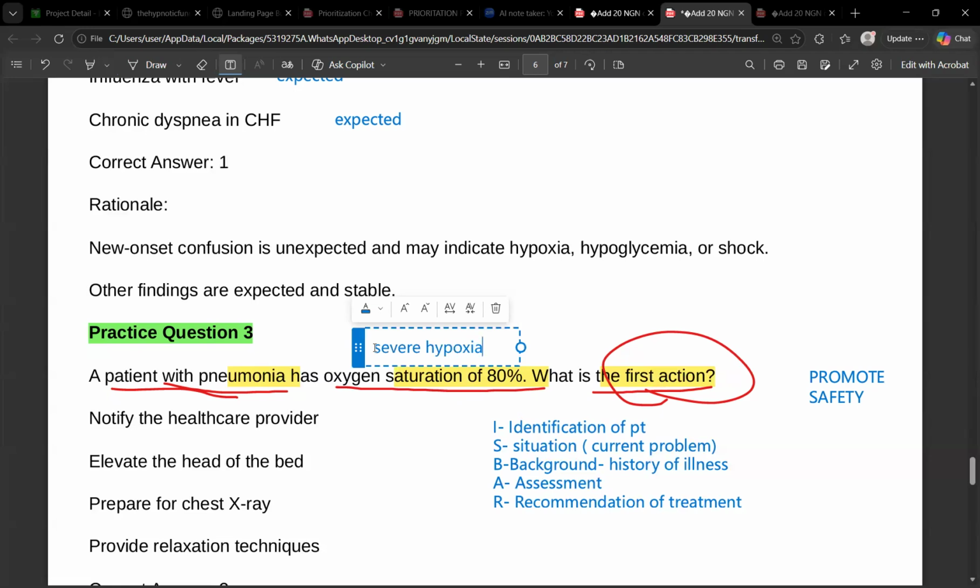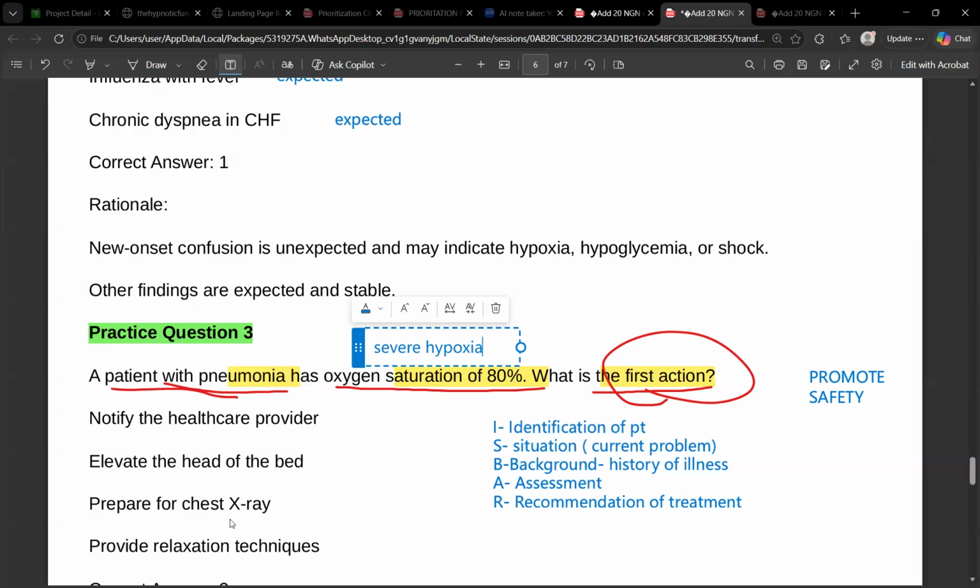Actually the first management is oxygen only, but there is no option for oxygen, so we can select an alternative for that. And the last one, provide a relaxation technique. Is it needed to correct the severe hypoxia as a first action? So just think what may be your correct answer if you are managing a severe hypoxia.